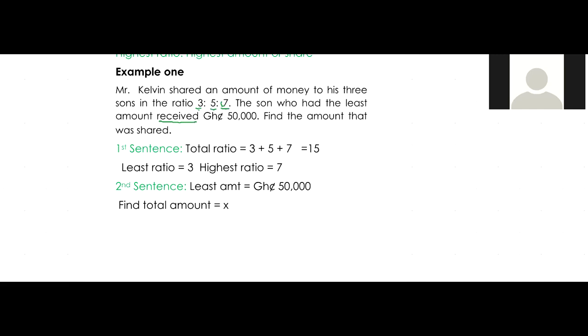From the second sentence, we're told that the least amount is the same as 50,000. And so when we check on the ratios, the least ratio there is 3. And we can say that 3 is the same as the 50,000.